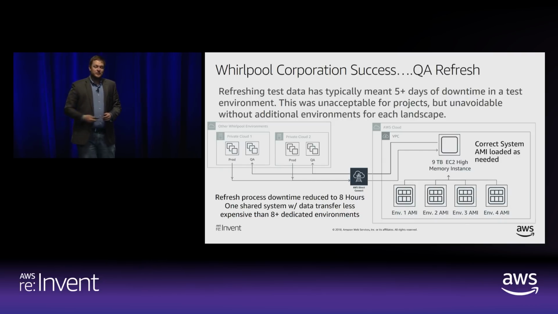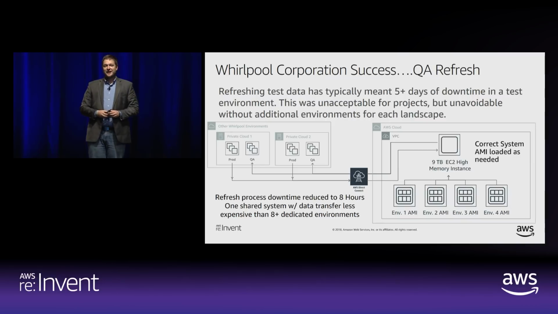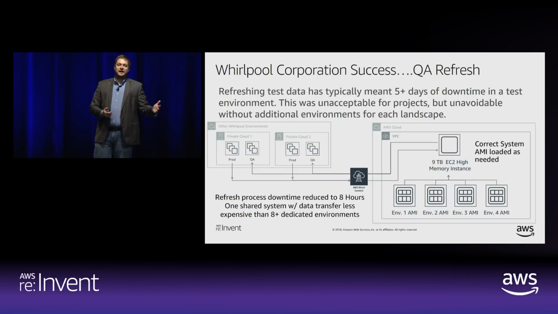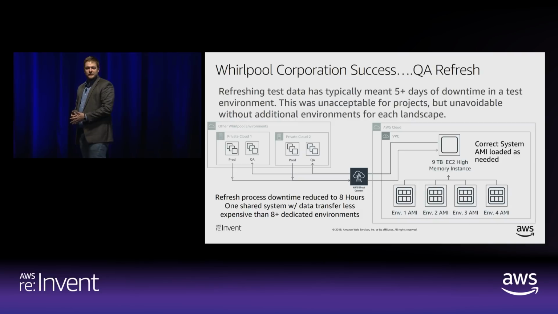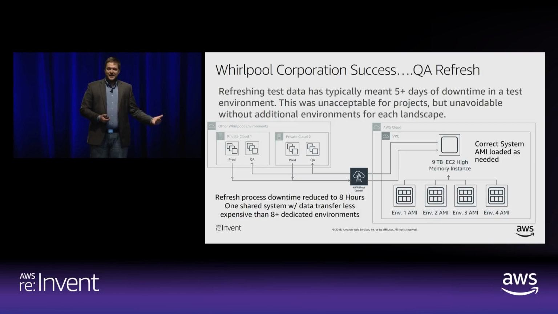That's great. Well, what can we do next with that capability? So we have these really big HANA appliances with a lot of data, and we live and die by keeping our test data as close to our production data as possible, so that when we test things, we're not running into issues where the data's stale and leading to failed tests, or worse, tests that pass but will fail when we go into production.